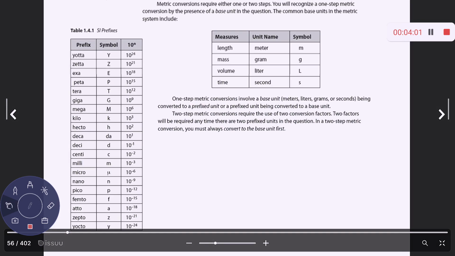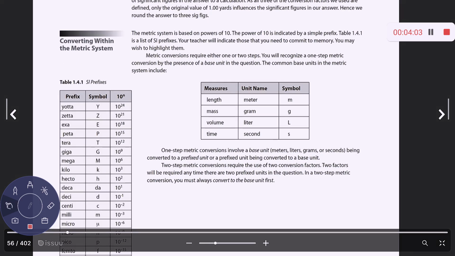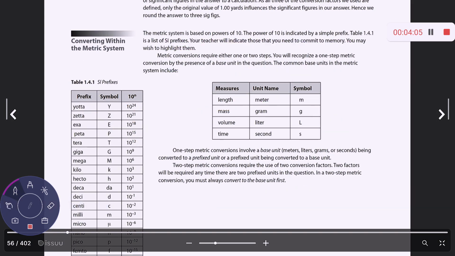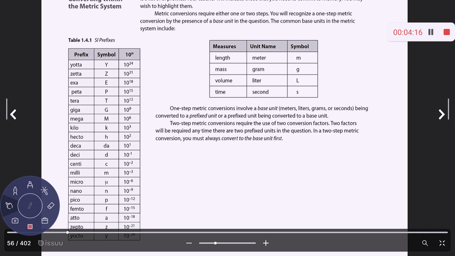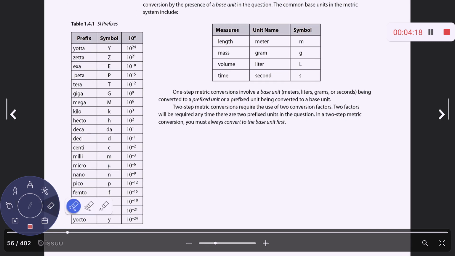On the next page, they focus on 1- and 2-step metric conversions, okay? So you know that the metric system is based upon powers of 10, and then those powers of 10 are given a specific prefix. So when you take a look here at all of these prefixes, we don't have to memorize all of them. The ones that I want you guys to pay attention to are going to be mega, so it's going to be here down to nano here.